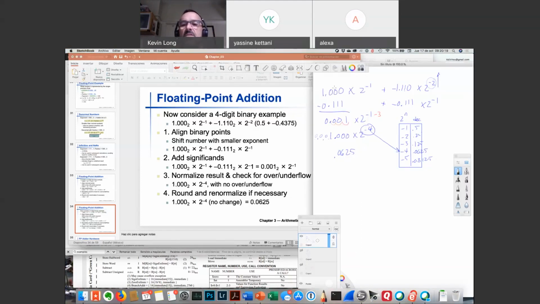If we want to go back up to the front and check, 1 times 2 to the minus 1 is 0.5, minus 0.111. 0.111 is 0.5 plus 0.25 plus 0.125, which is 0.875. So I think it's 0.4375.